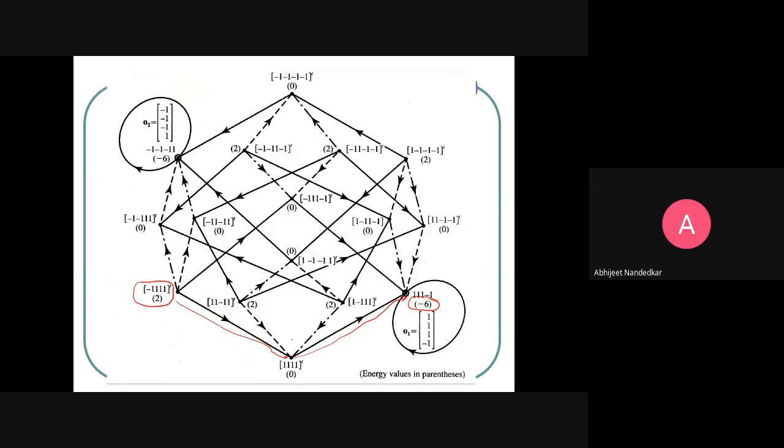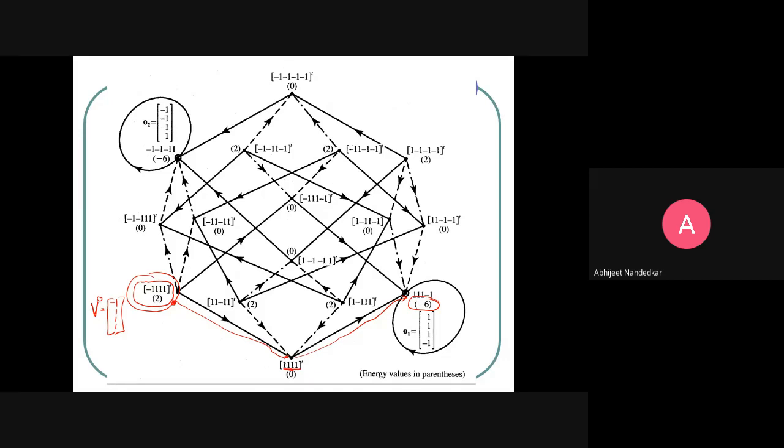Okay, so as per our problem, we started with this position. Initial vector V0 was minus 1 1 1 1. Then we allow the first bit to change. It has gone from this position to this position where all were 1.